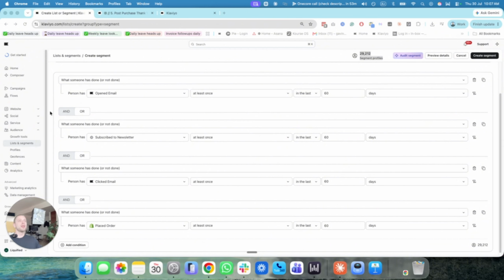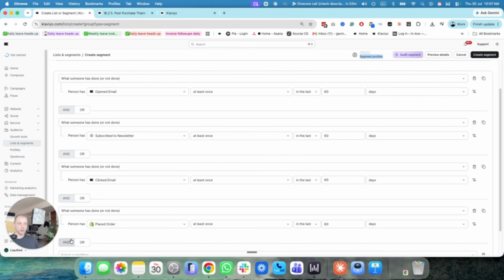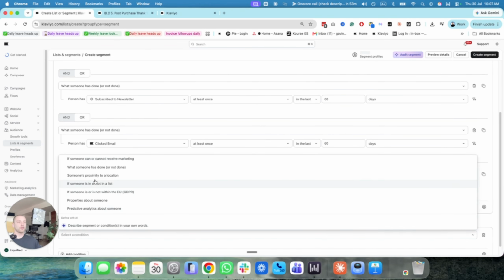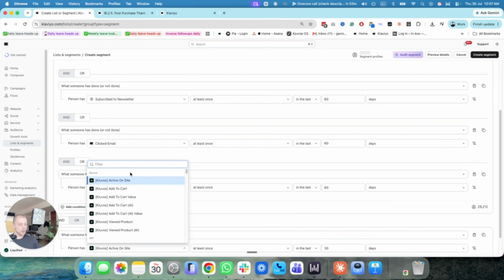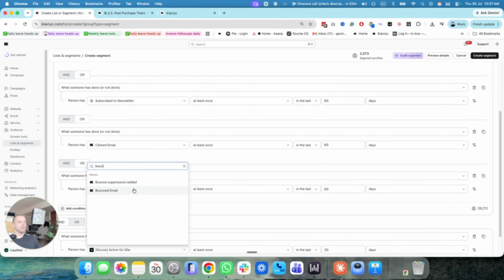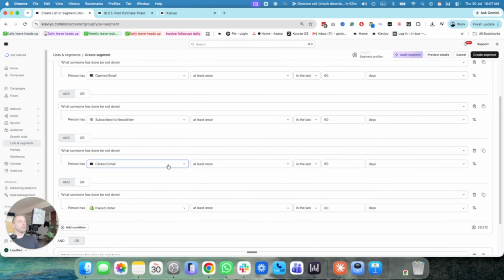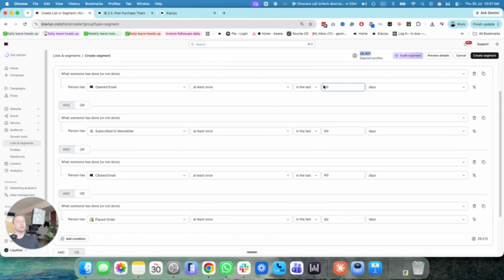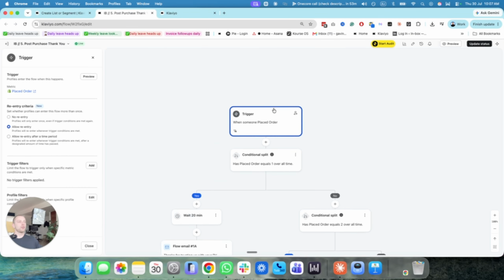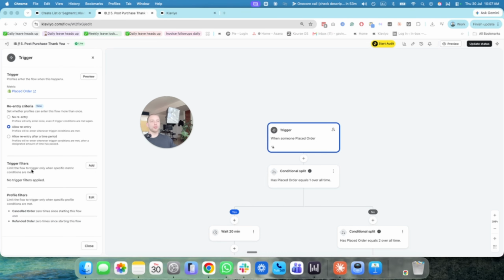And also, if, for example, we have high bounce rates, which we could see, remember the bounce thing that I broke down? We can also add filters. What somebody has or has not done, bounced email, 0 times in the last 30 days. Okay, so I exclude the bounces, and look, we've already dropped down to 28,000 now. And then I can also add those flow filters, right? I can add flow filters up at the very top, and I can say profile filters, edit what somebody has or has not done.